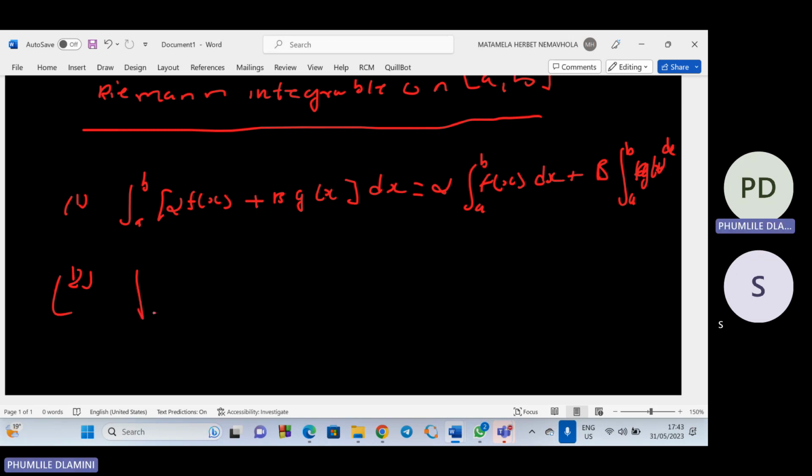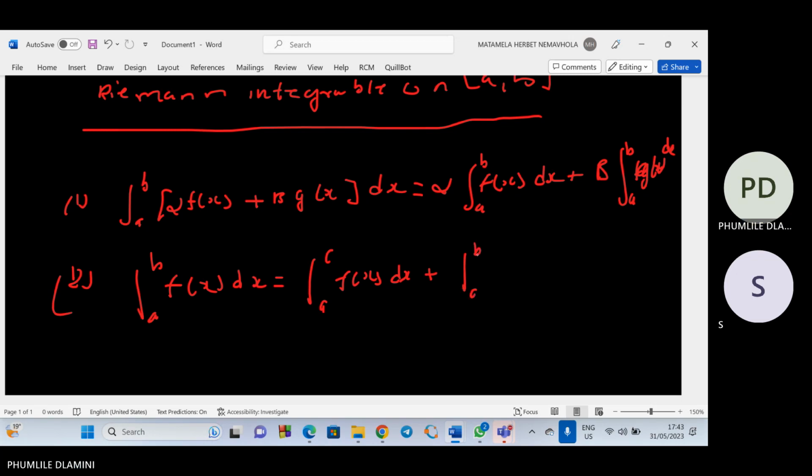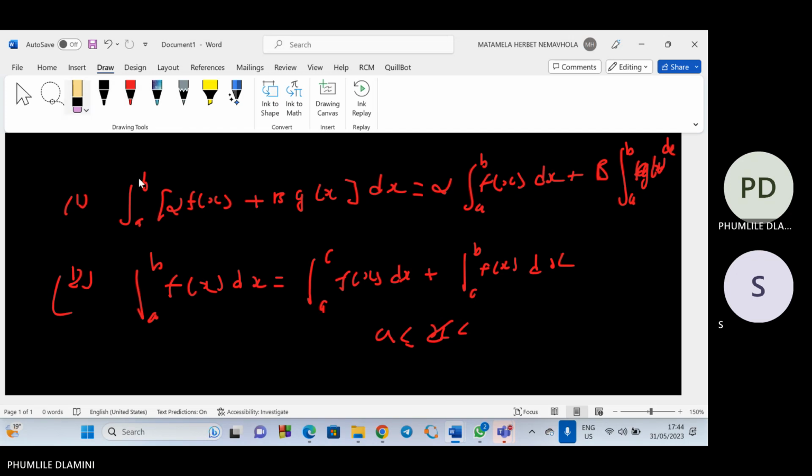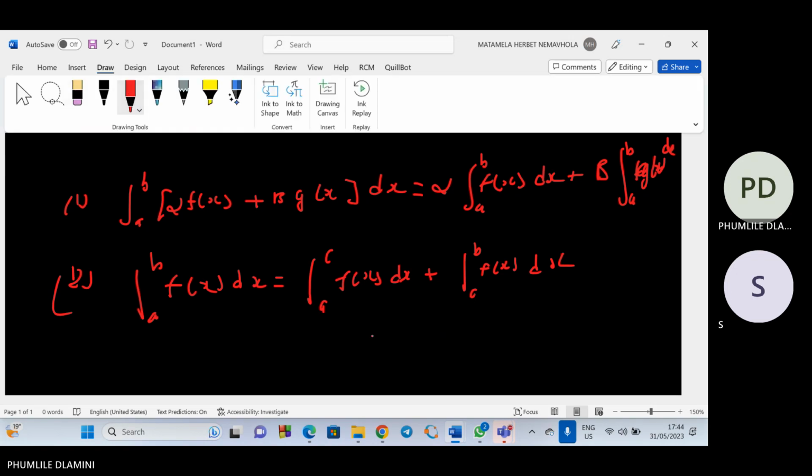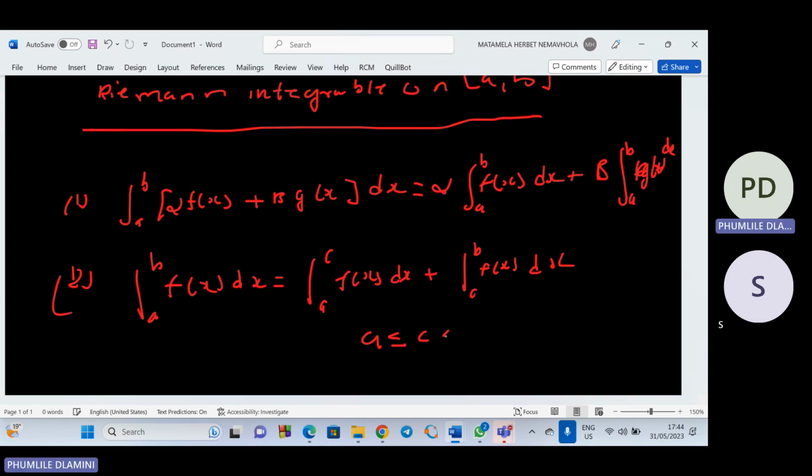If you have the integral from a to b of f of x dx, you can write it as the integral from a to c of f of x dx plus the integral from c to b of f of x dx, whereby this c that we just introduced is in between: a is less than or equal to c, which is less than or equal to b.